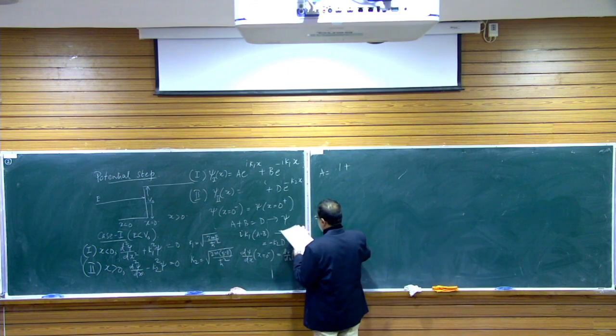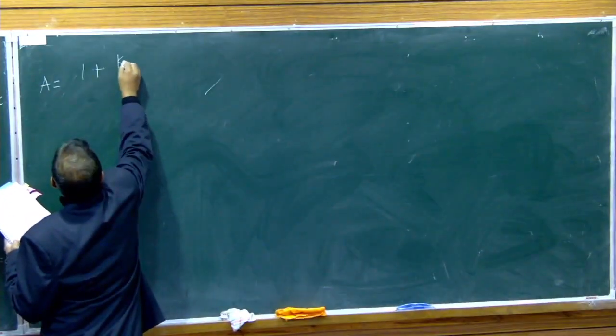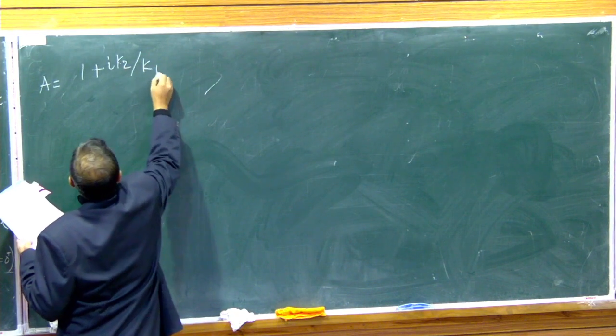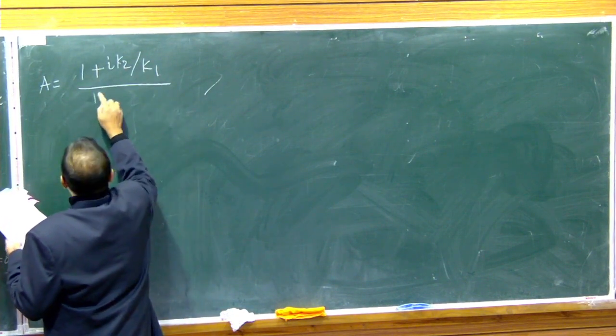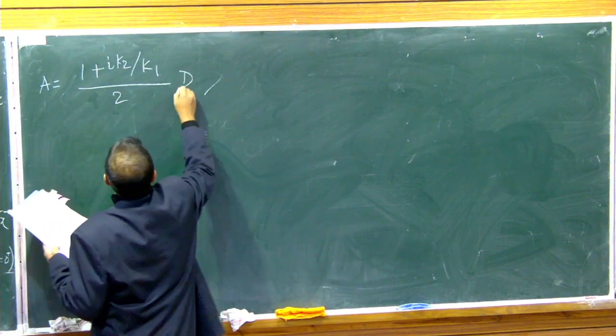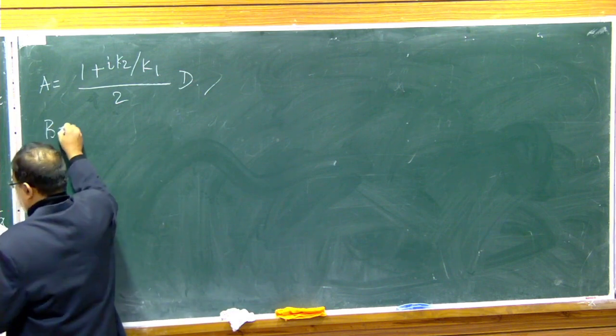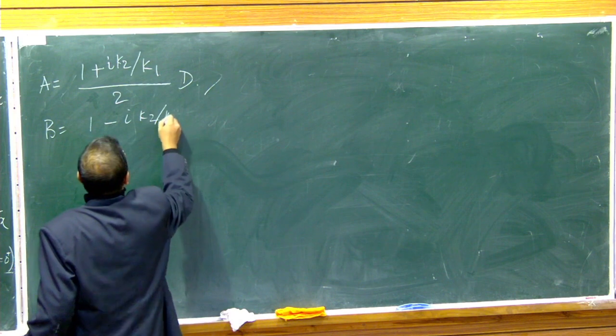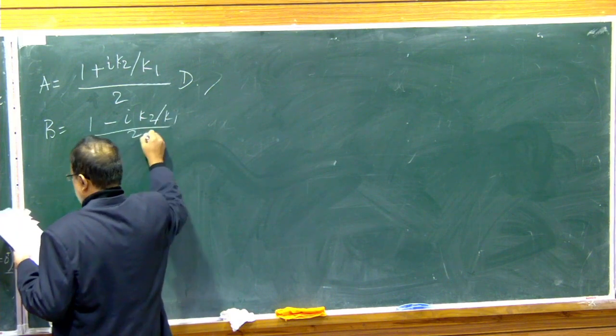So, this is what we do. It's I k2 by k1, divided by 2 into d, and b is equal to 1 minus I k2 by k1, divided by 2 into d.